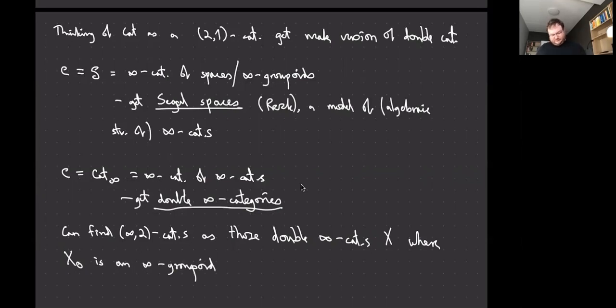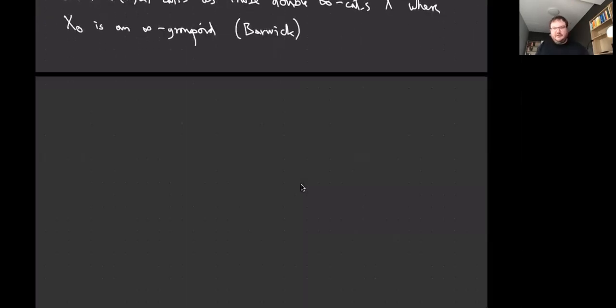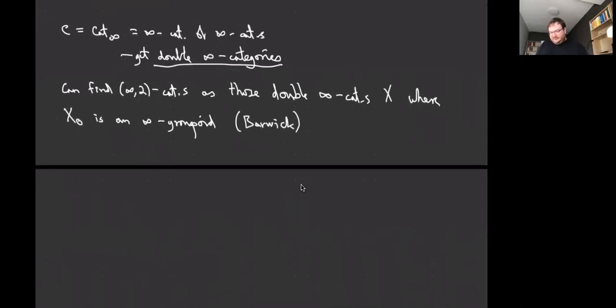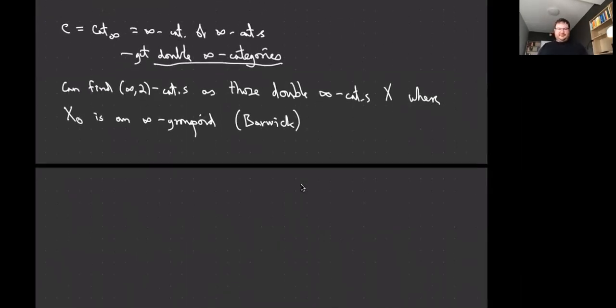This is the definition of infinity 2 categories due to Clark Barwick. And again, there is this question about completeness, inverting fully faithful and essentially surjective morphisms. But yeah, let me not say anything about that. Okay, so this is at least a sketch of a definition of the kind of objects that we want to define in this Morita setting.